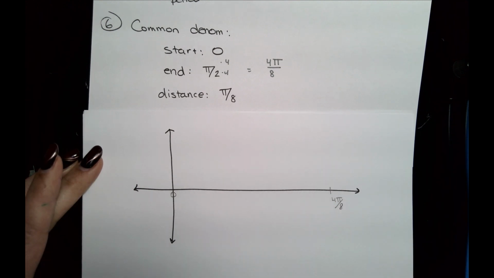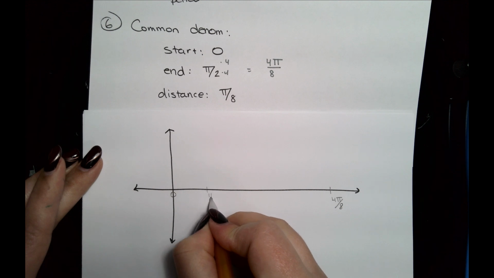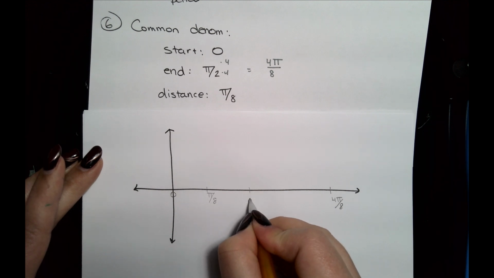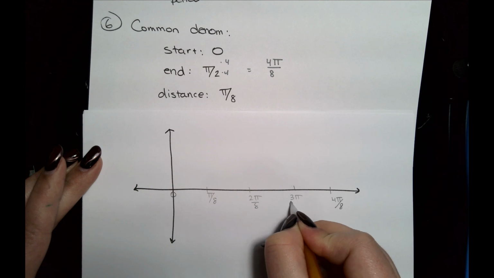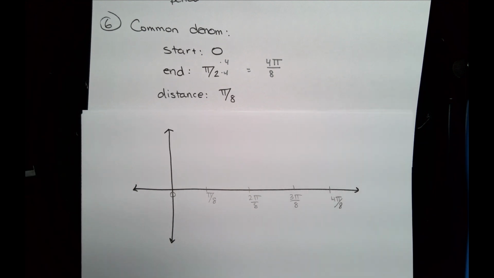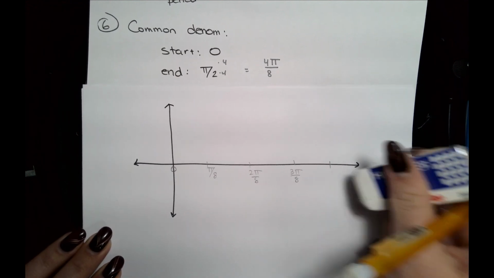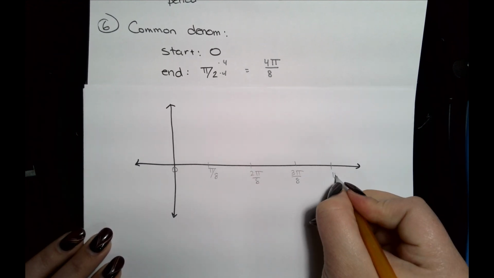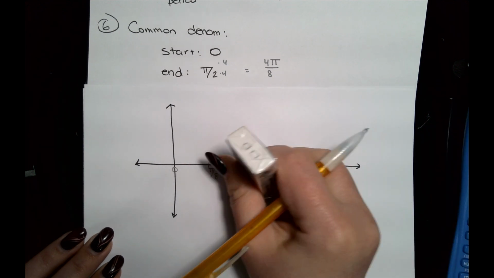Again, you may choose to do your distance now, which I'm going to choose. I'm at 1 pi eighth, 2 pi eighths, 3 pi eighths, 4 pi eighths. So again, you may choose to simplify your fractions now, or you can do that later. I'm going to choose to do that now. So we have pi halves and pi fourths.